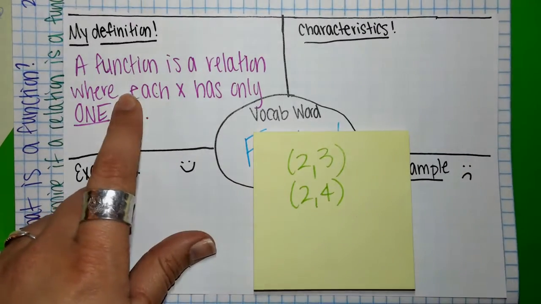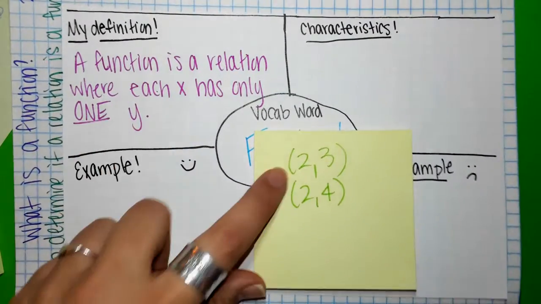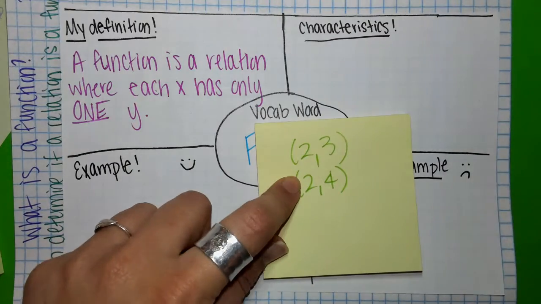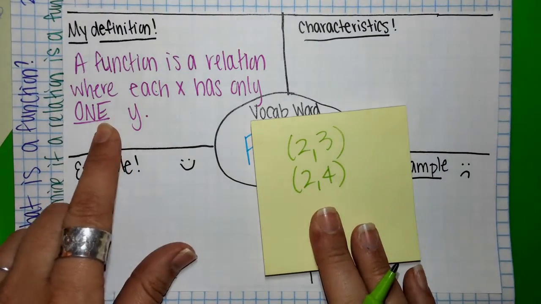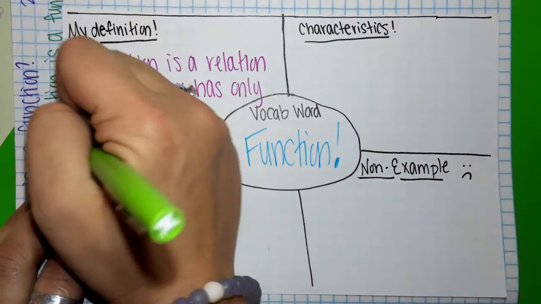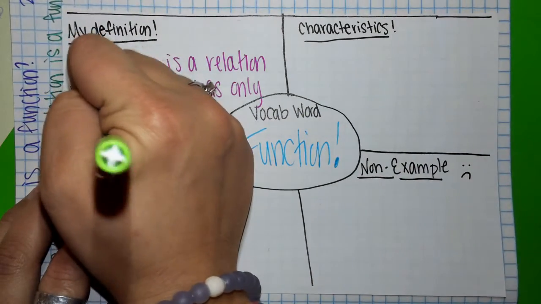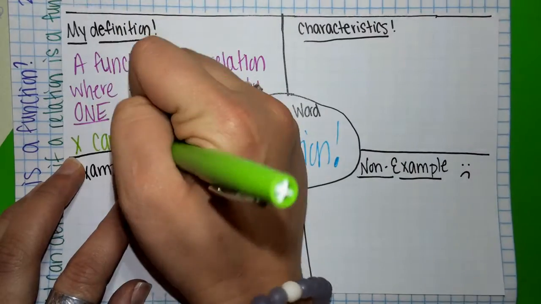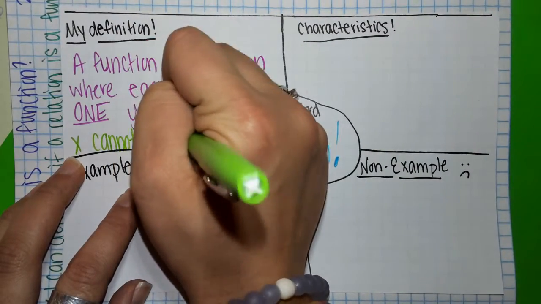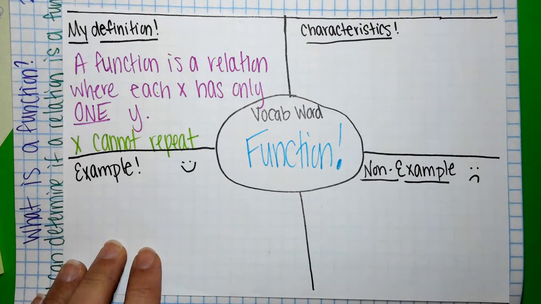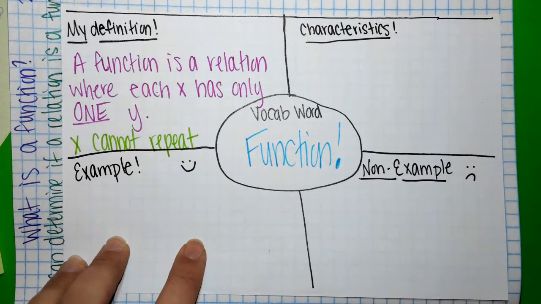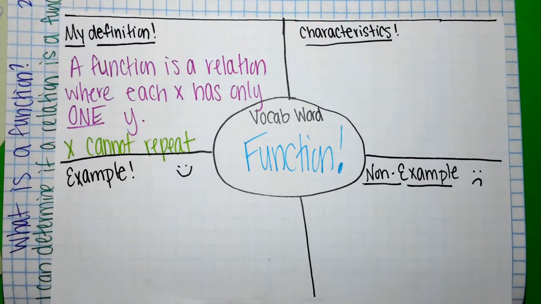Based on this, it says each x has only one y. How many y values does this x have? 2. Can it have 2? No. It can only have 1. So x cannot repeat.